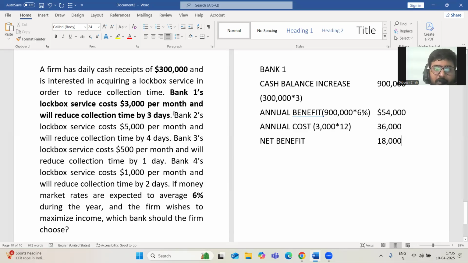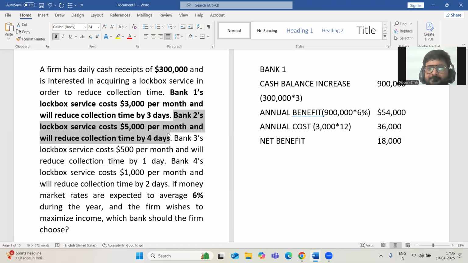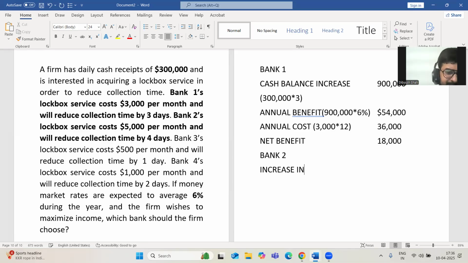Bank 2, lockbox service cost 5,000 and collection time will reduce by 4 days. Let's evaluate bank 2 as well. Again, increase in cash balance. My daily cash receipts are 3 lakh, and bank 2 will reduce collection time by 4 days.